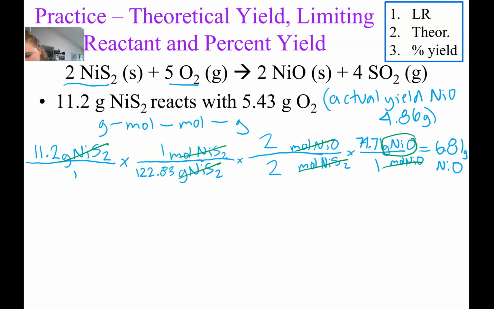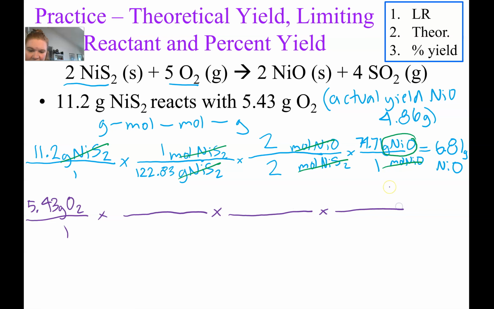All right, let's do the other half. So now I'm going to start with 5.43 grams of oxygen, and I do like to line these up right on top of each other like this because we end up with kind of a nice pattern. So I know I'm going to need 3 conversion factors.